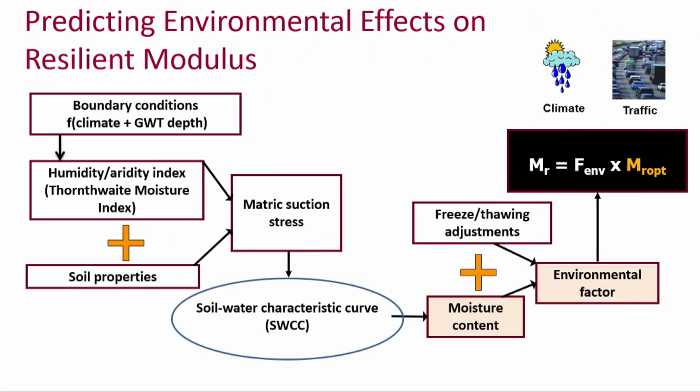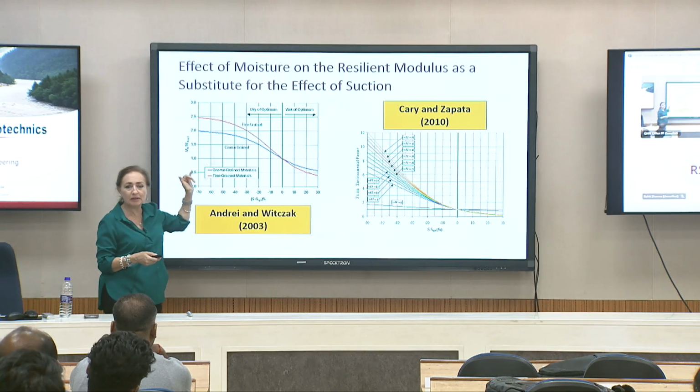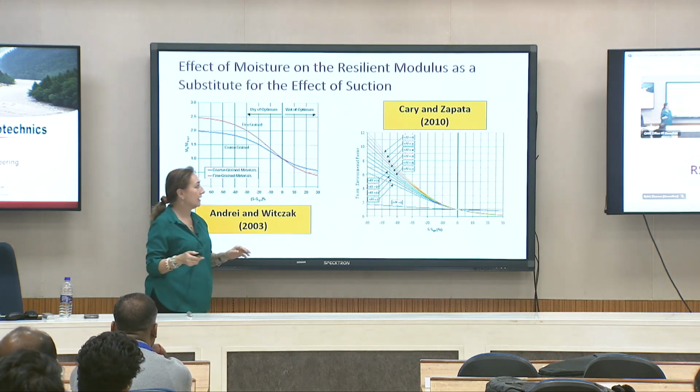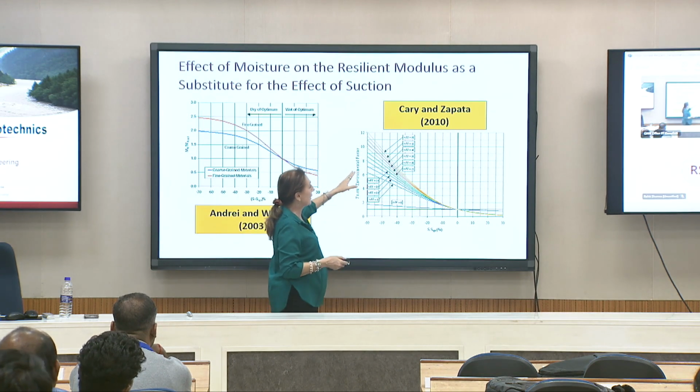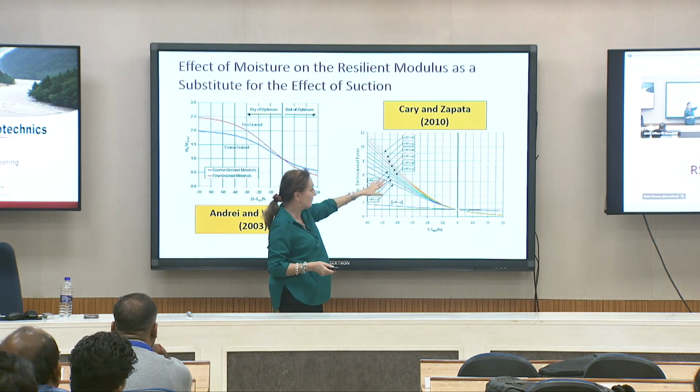And then we got now the suction, and the moisture content, and now we can relate it to the environmental factor, right? And that's the model that I showed you in the morning. This is the model that is being used by the design guide. It has only two categories, one for fine-grained materials and another one for coarse-grained materials. And the other one is the model that was put together by Kerry in 2010, also one of my great PhD students.